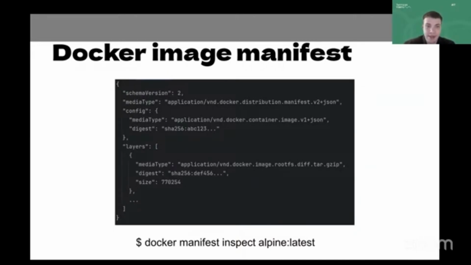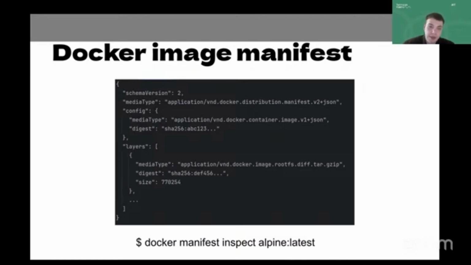So let's take a look at the second part of our talk, Docker traffic structure. Let's start with the basics. The main part of a Docker image is its manifest. In manifest.json, you can find a lot of useful information such as the platform of an image, digest, sizes of Docker image layers, and some additional meta information.